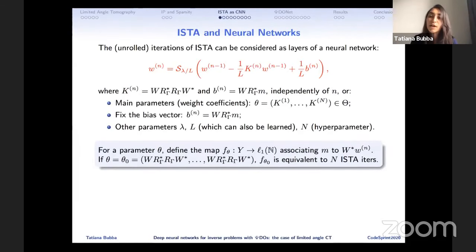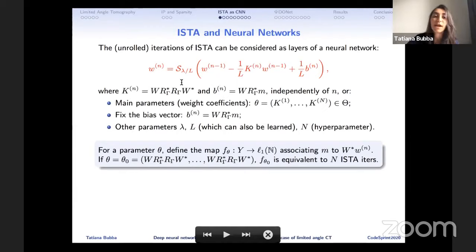A step forward, which goes maybe a bit closer to the topic of this workshop, is that it is well known that ISTA can be understood, actually, the iterations of ISTA can be considered as layers of a neural network, where if we take the main iteration, we have this K, which contains the representation of the normal operator in the wavelet basis, and the b vector here is the bias vector.